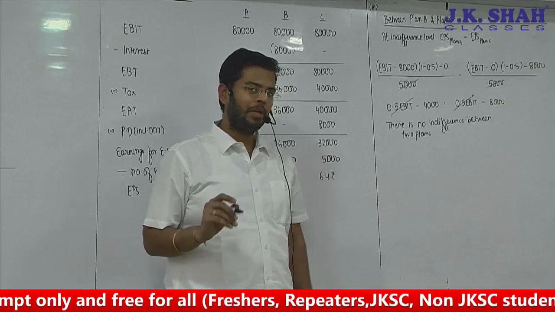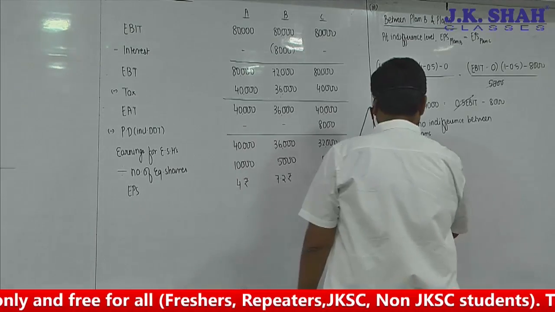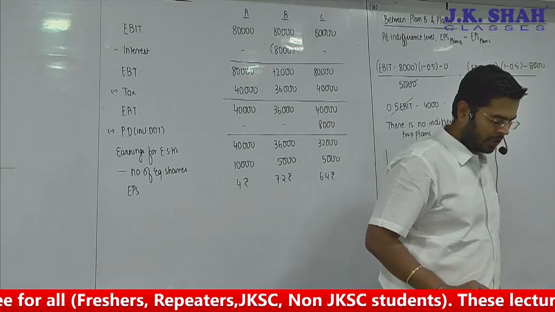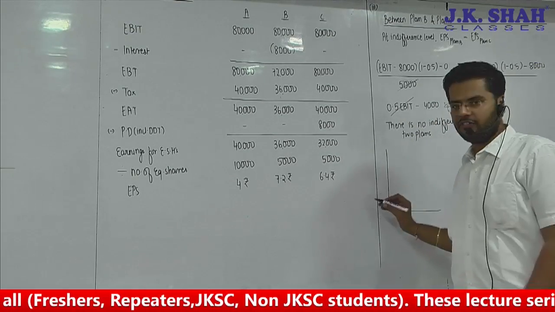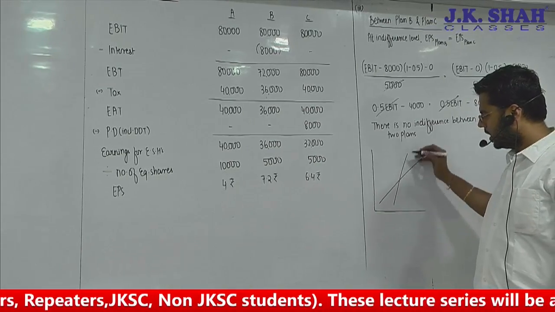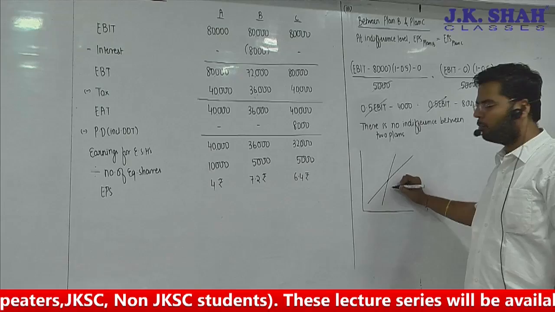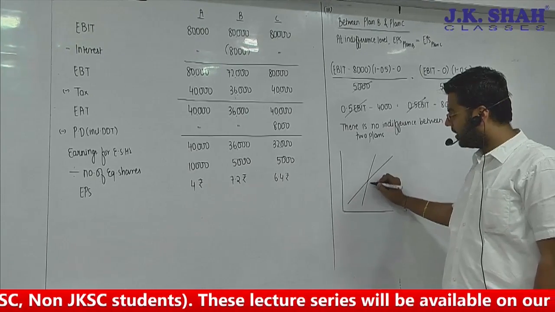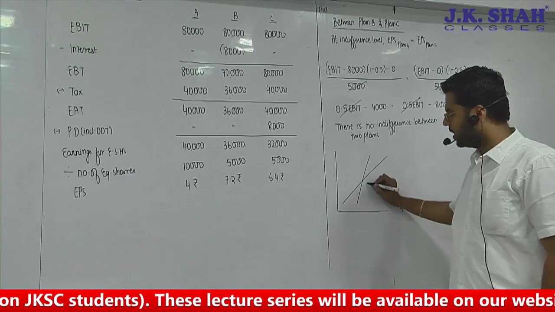Now what does this mean? If you remember, just before we started with this sum, I told you that on a graph there are two plans. Indifference level is that point where we get the same EPS.